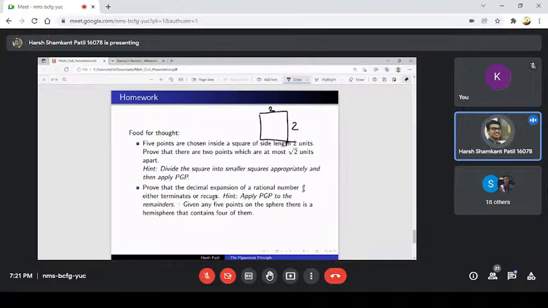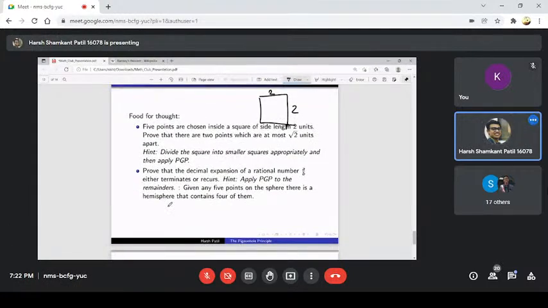Then there is another exercise for you. When we obtain the decimal expansion of a rational number, we divide b by a and play with the integers, the long division that we used to do in high school. For example, 1 by 3 is equal to 0.333 and so on.